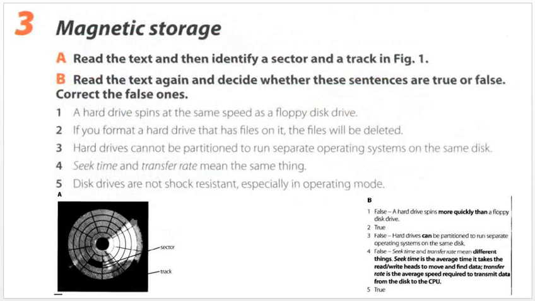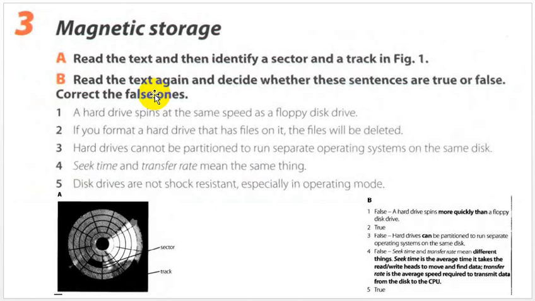Read the text and then identify a sector and a track in figure 1. See, this is a sector and this is a track. The track is the whole circle. The whole circle is called a track, and a part of this circle is called what? Sector.